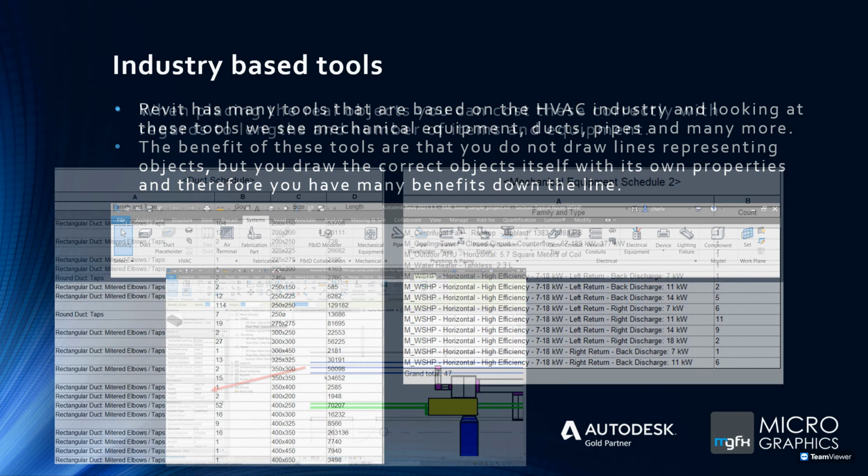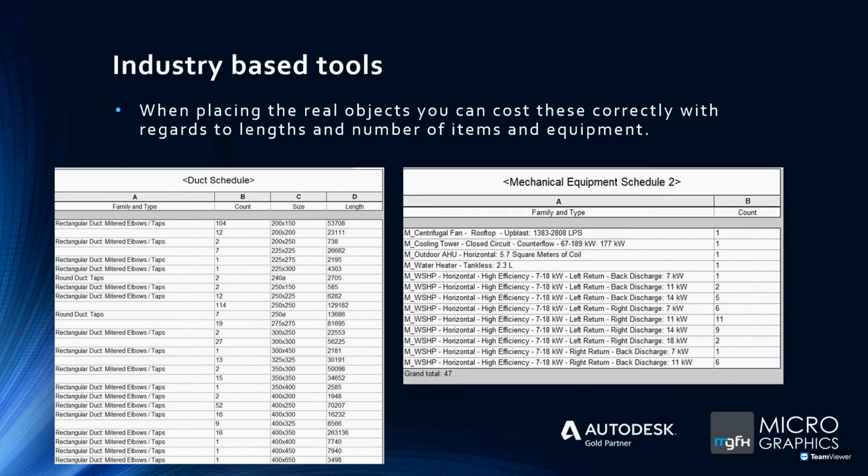Then, these real life objects, as you place them from a click and place workflow, once you place them, they are part of this database, and with a click of a button, you can get all the lengths of the ducts, or how many air handling units or equipment you have in your project.